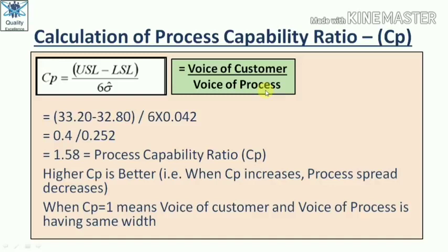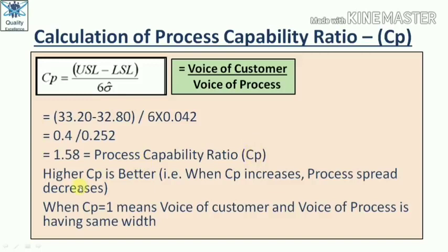So CP is nothing but voice of customer divided by voice of process, and in terms of formula it is USL minus LSL upon 6 sigma. So we know our USL, it is 33.20, minus LSL 32.80, divided by 6 into sigma. Our sigma is 0.042. So this calculation will be 1.58, which is nothing but our process capability ratio, known as CP.